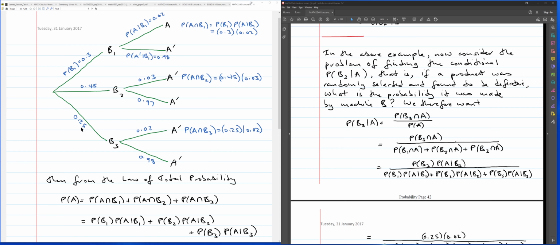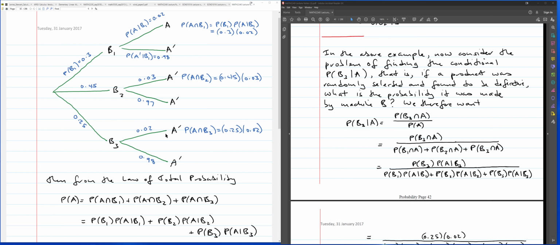Given that it was defective, what's the probability it was made by machine B3? What we want is, out of these three cases, this product 0.3 times 0.02, this product 0.45 times 0.03, and this product 0.25 times 0.02, the probability that you actually used this edge over here.